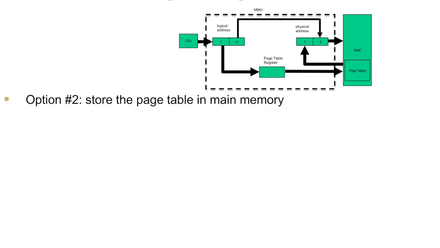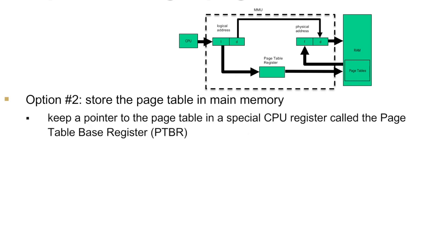Second option is to use a page table register. If we store the page tables in main memory, then all we really need to know, for each individual process, is where the page table is. Then if we have a pointer, the MMU can just grab that information, jump into the page tables, and get the physical address out.